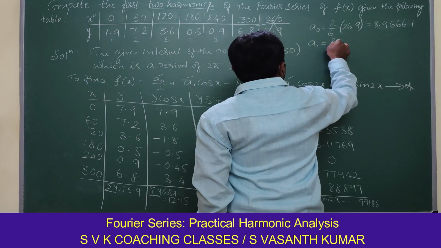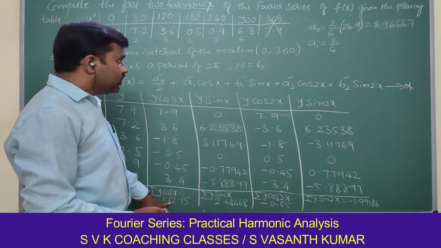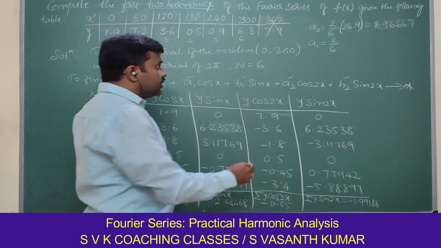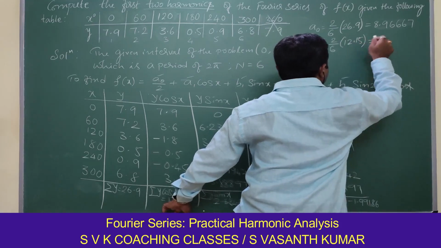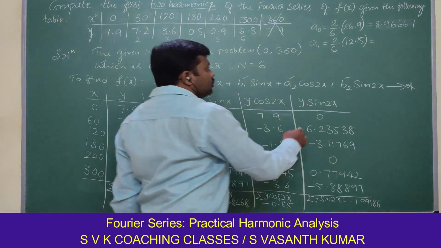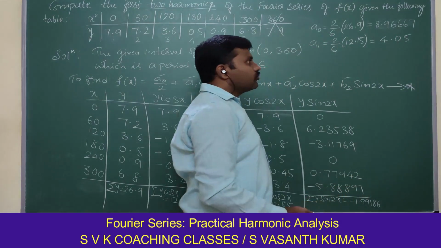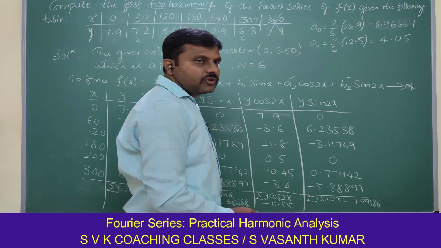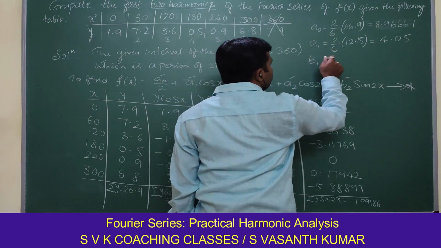A1 equal to 2 by 6 times sigma y cos x. Sigma y cos x is 12.15. Calculate this value and we are going to get 4.05. Next, B1. I want to find the value of B1.